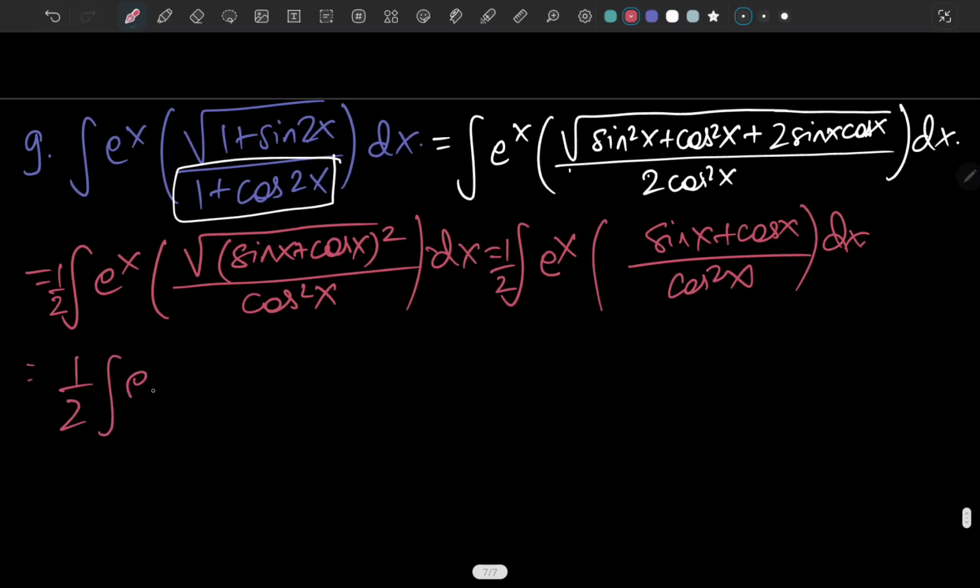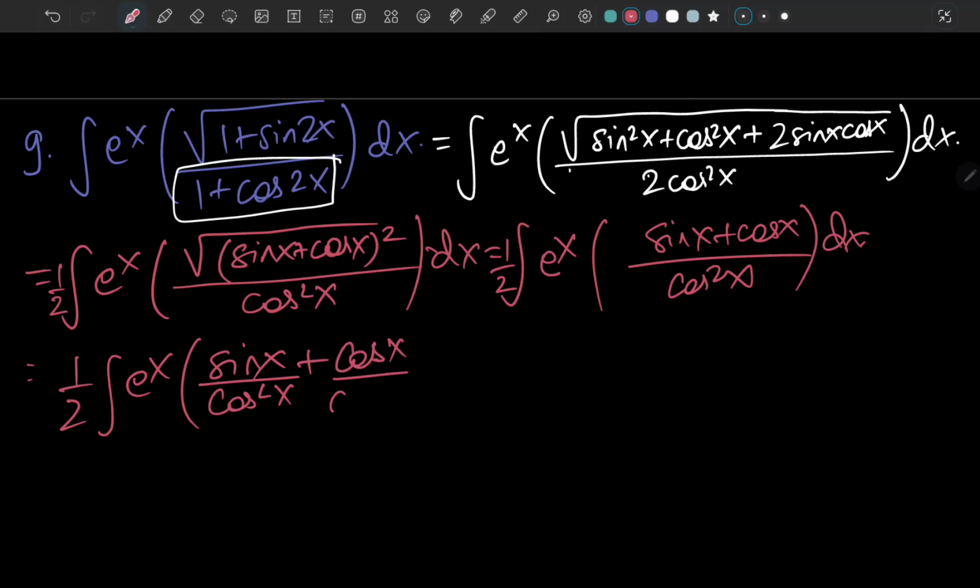1 over 2 times the integral of e to the x times sine of x over cosine squared of x plus cosine x over cosine squared of x, right, dx.